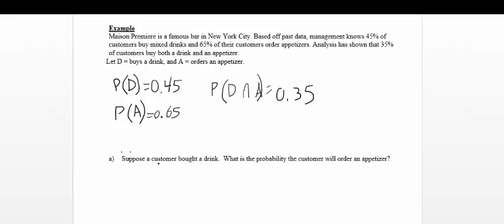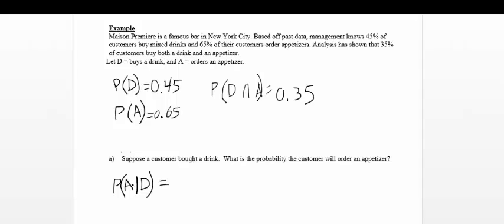Suppose a customer bought a drink. That has already happened, so that's given information. We want to calculate now the probability the customer will order an appetizer.